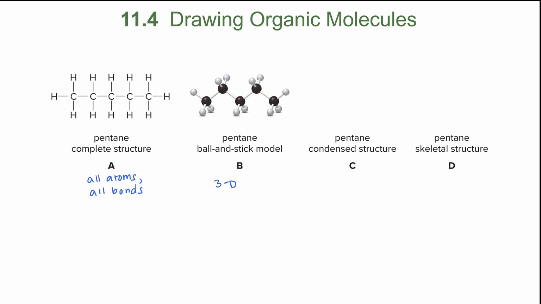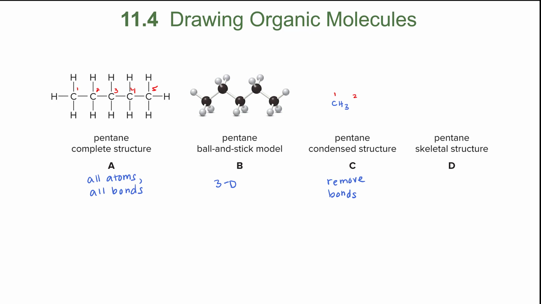When we're drawing the condensed structure, we remove the bonds and group the hydrogens together. I'm going to number these carbons so I can keep track of them. The number 1 carbon has 3 hydrogens, so I'm going to write CH3.